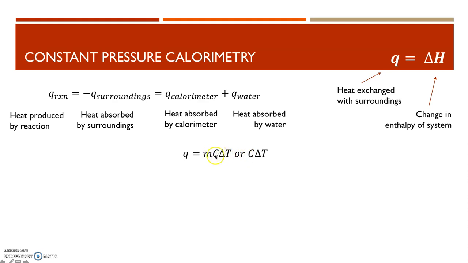In this case, the heat capacity is given in joules per gram degree C. Or we might just have the heat capacity times the delta T, in which case the units would be joules divided by degrees C.